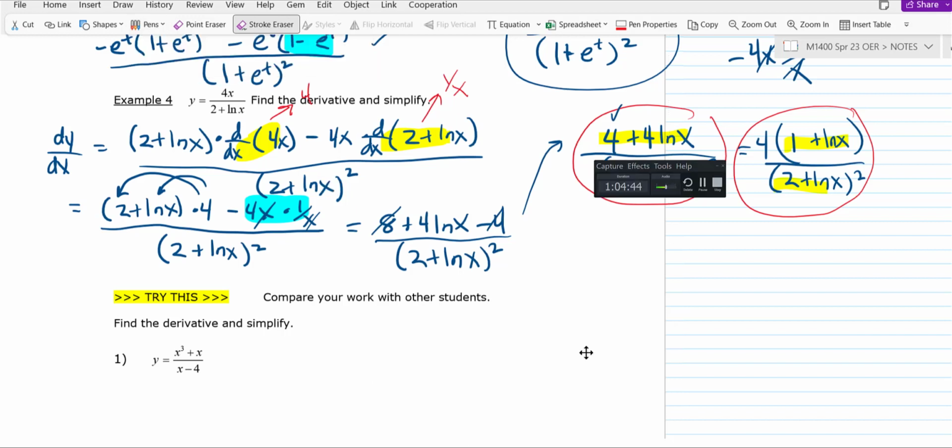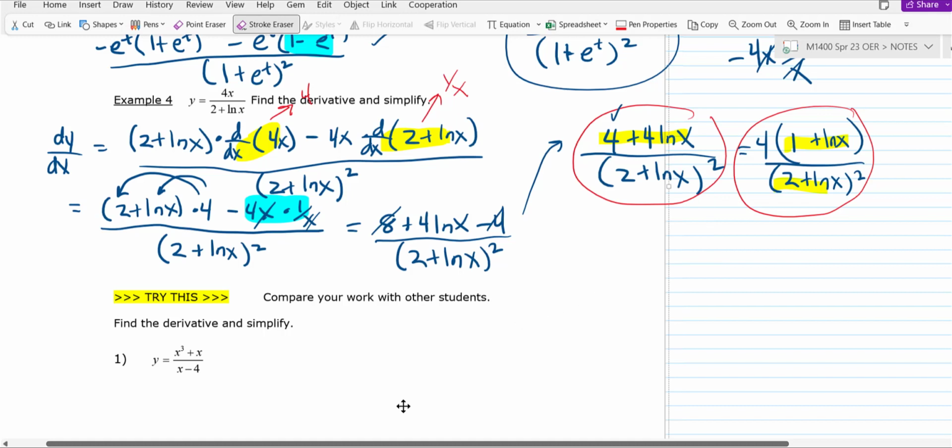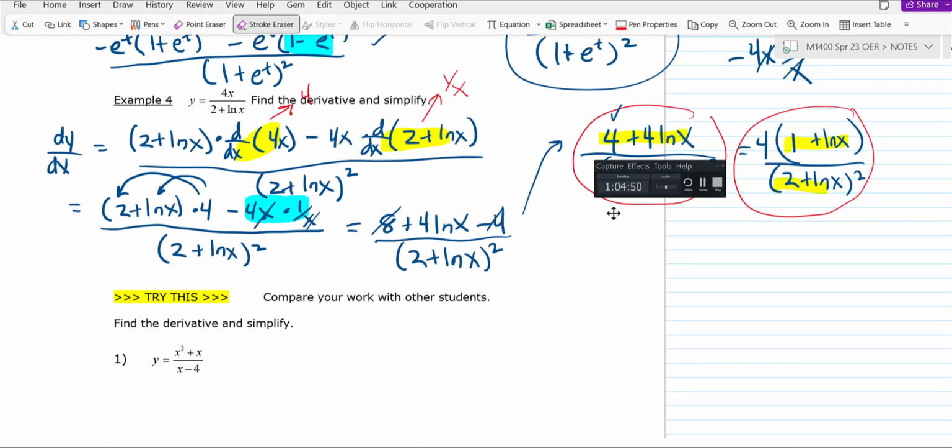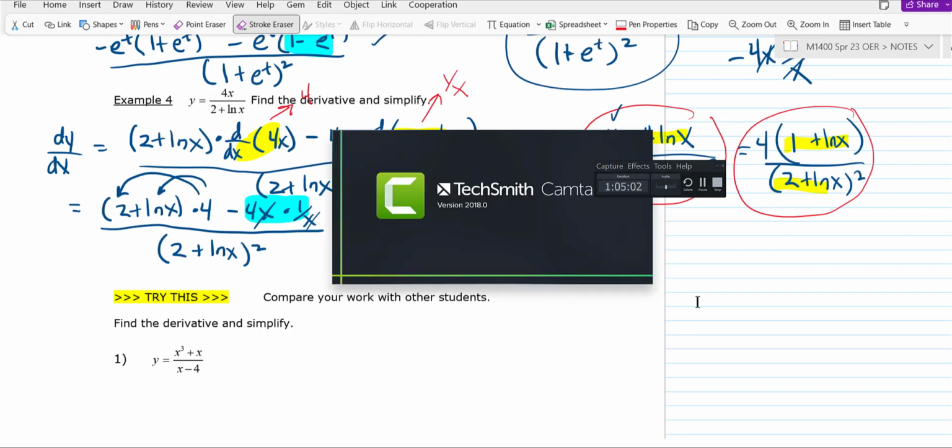Let's work on that, compare answers, and see if we can get these two worked. Okay, so there's your quotient rule. You need to refer to it. I want to walk around and see how you're doing.